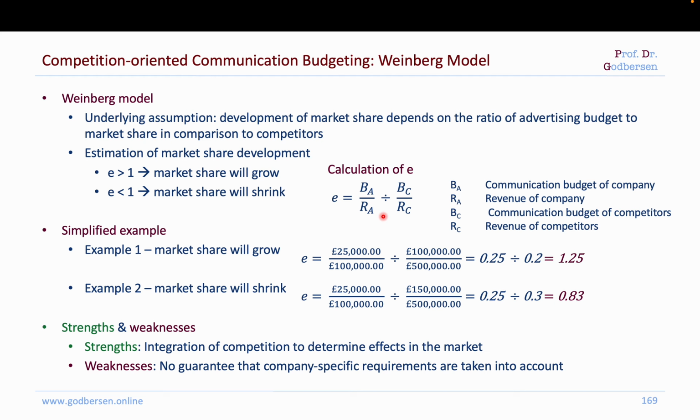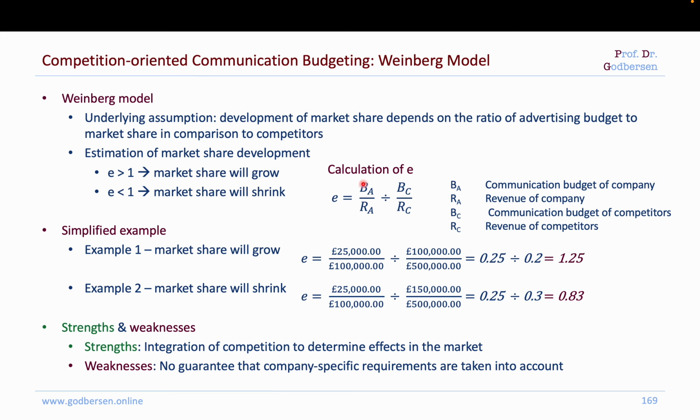In the center of the slide, you see the equation. E equals our advertising budget divided by our revenue, and then this ratio we divide by the advertising budget of our competitors divided by their revenue.